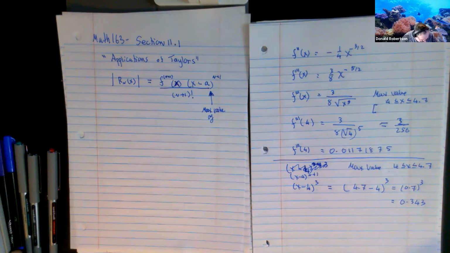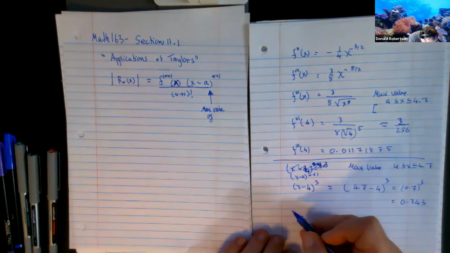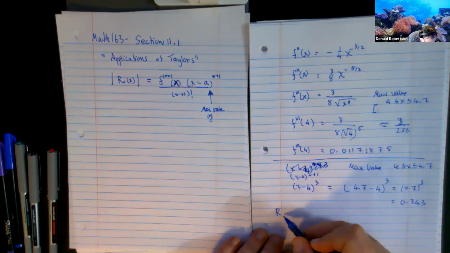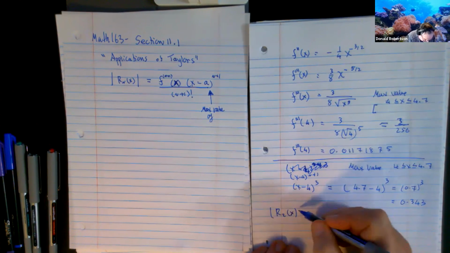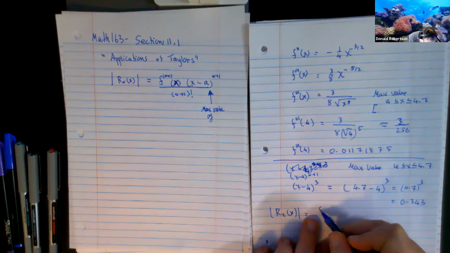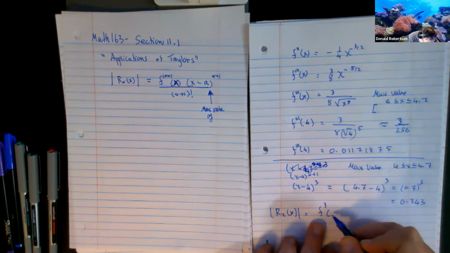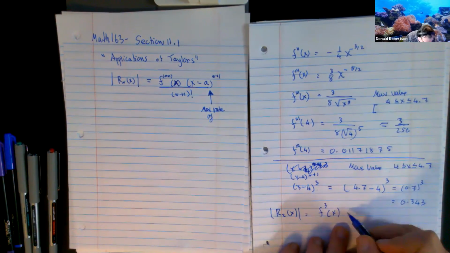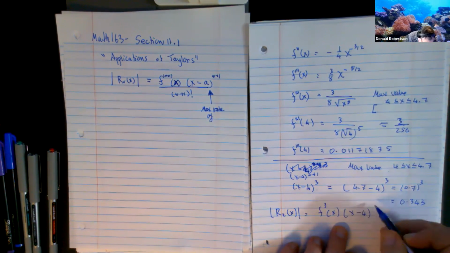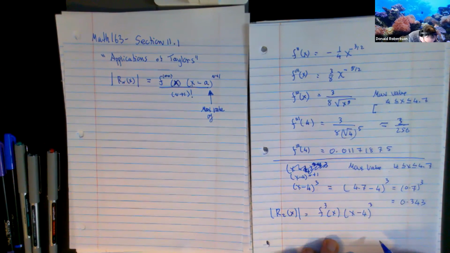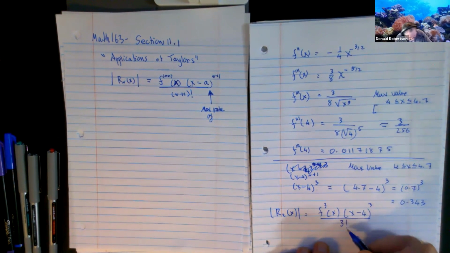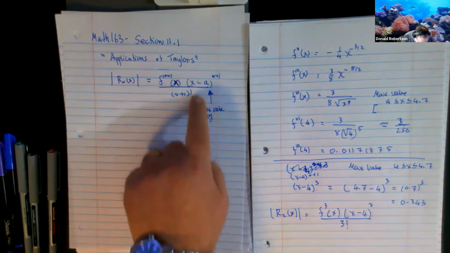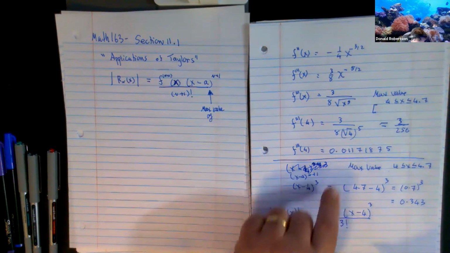So in my formula here, I'm looking for that guy. He's the third derivative maximum value. He's x minus 4 cubed maximum value over 3 factorial, right? All these guys are 3. This guy is him.